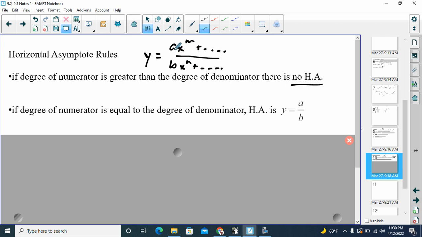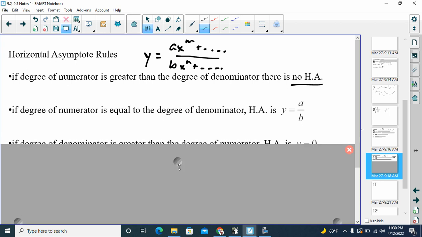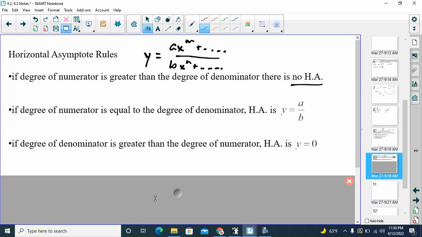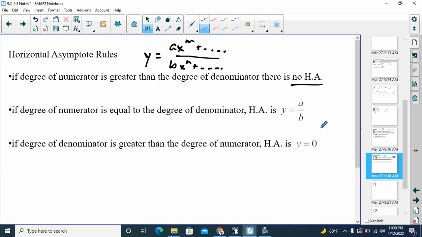So I do y equals a divided by b. And then finally, it's possible that the degree is bigger on the bottom than it is on the top. In that case, we do have a horizontal asymptote, and the horizontal asymptote is y equals 0.